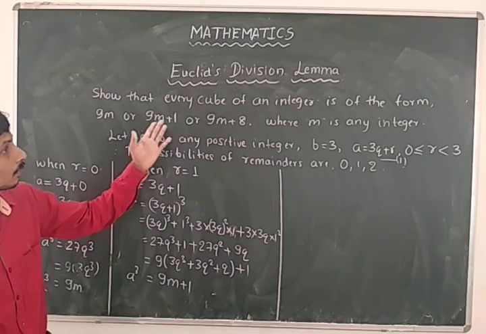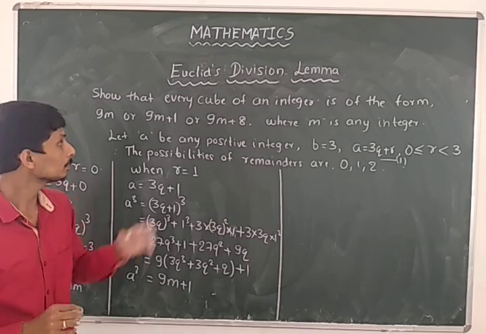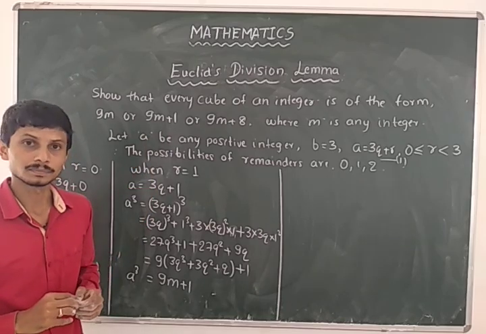That means this cube of an integer is of the form 9m plus 1.